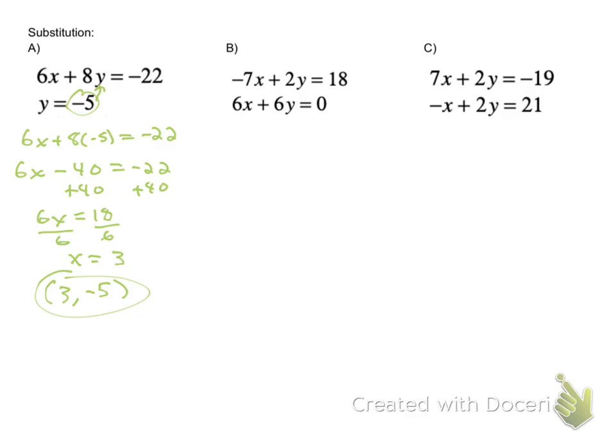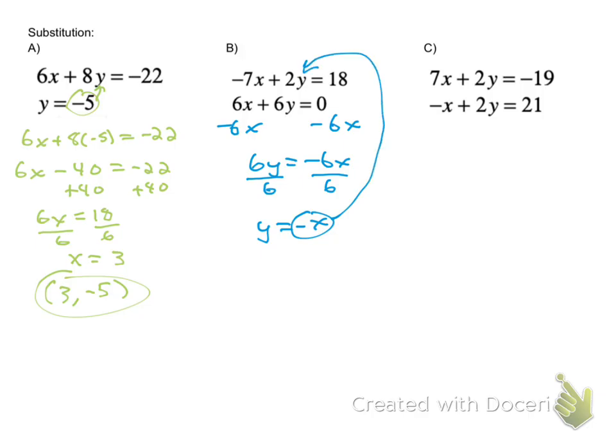Here for B, I'm going to subtract 6x. 6y equals -6x. Divide by 6. Y equals -x. We'll plug that in for y. -7x plus 2 times -x equals 18, which gives me -9x equals 18.